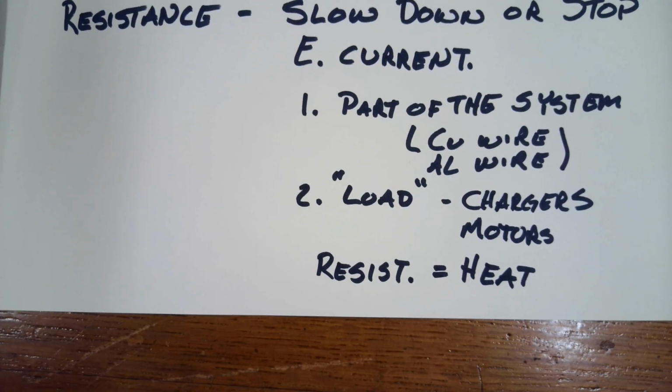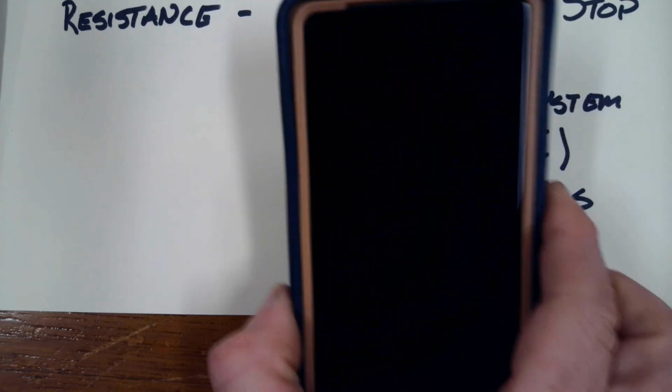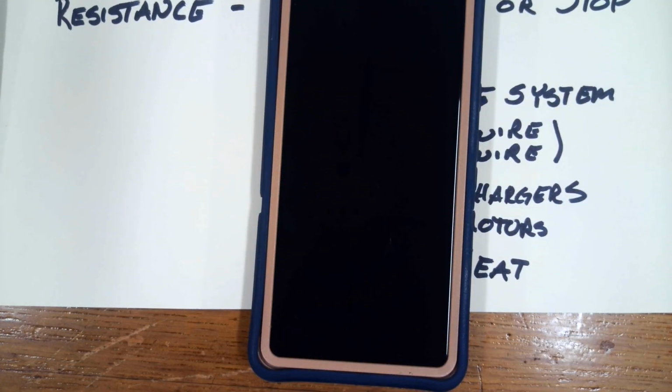The question is how much heat can a device or a wire take before it melts apart or breaks down or something along that line. That's why if your phone charger is warm after you unplug it, or you're using your phone and for some reason, like my phone does this too, I'll pick that phone up and my Lord, it's hot.